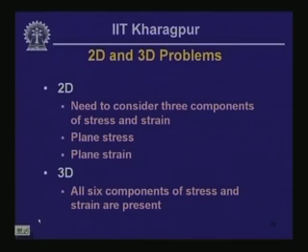Okay. Now, we can have, as was evident from the discussion that we had so far, a 2-dimensional problem or a 3-dimensional problem. In a 2-dimensional problem, we only need to consider 3 components of stress and strain. The examples of this include a plane stress problem or a plane strain problem. In case of a plane stress problem, you have got a flat element.